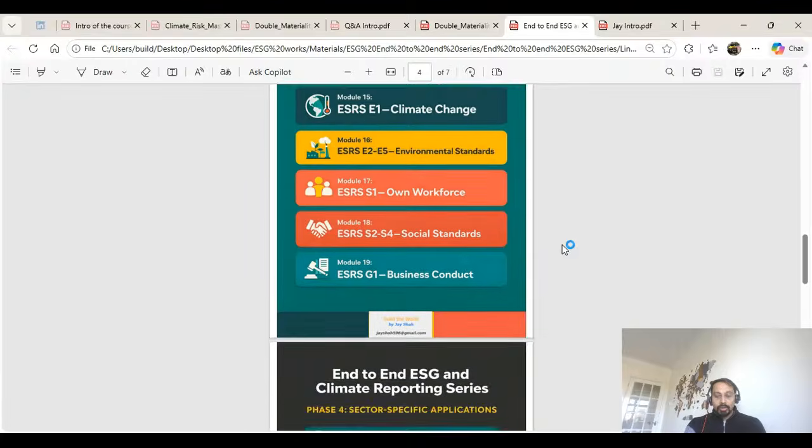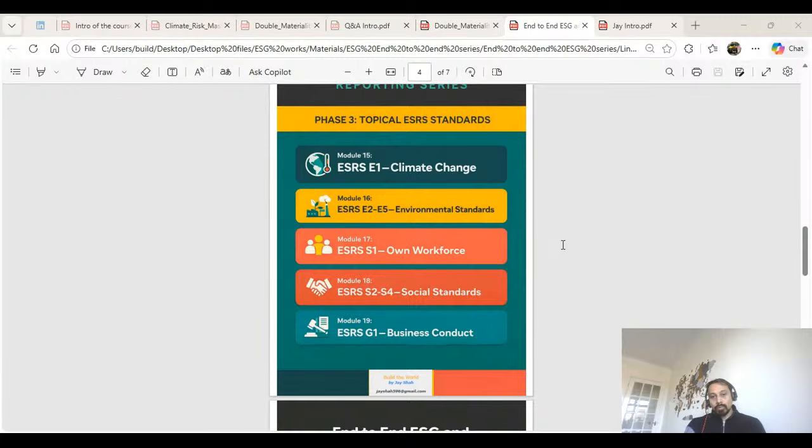Then phase 3 goes from module 15 to module 19. That covers all the ESRS topical standards, the EU directive related standards, including ESRS E1, which is the climate change topical standard, and also the social and governance standards.